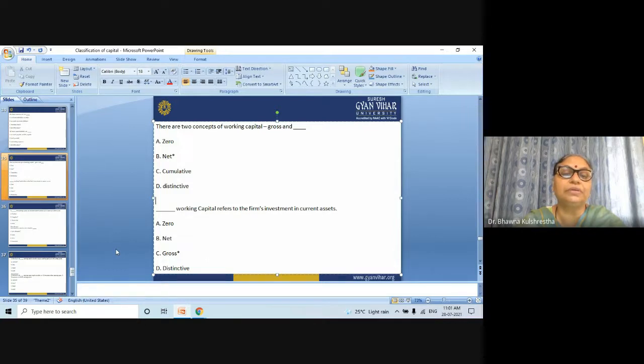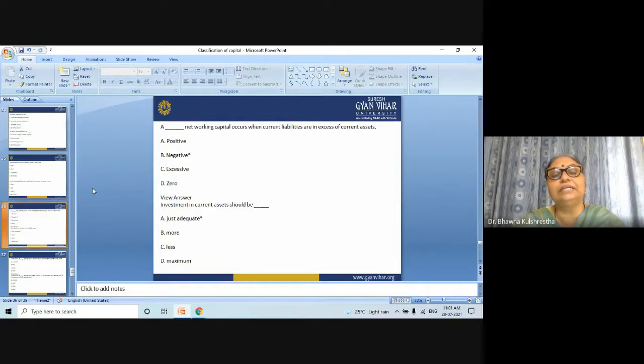Gross working capital refers to this. The next question: dash working capital occurs when current liabilities are in excess of current assets. The options are positive, negative, exclusive, zero. The answer is negative.